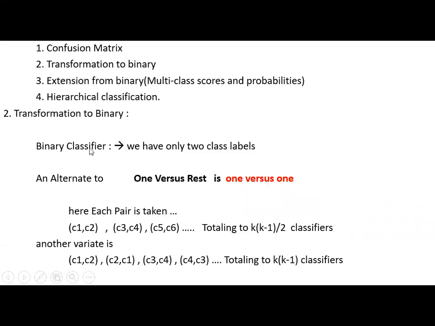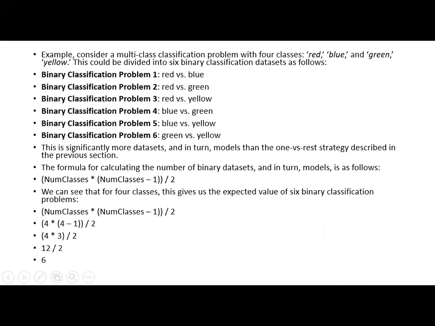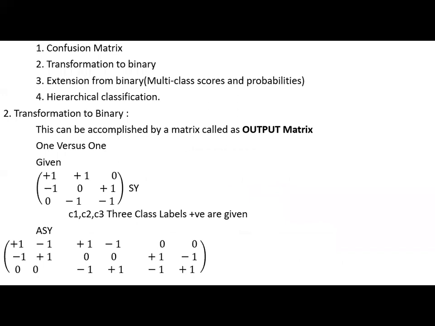One versus rest means C1, C2, C3, C4, C5. One versus one means C1, C2, C3, C4, C5, C6, and so on. We have seen this yesterday. By using this, we have calculated the output matrix, also called the code matrix.